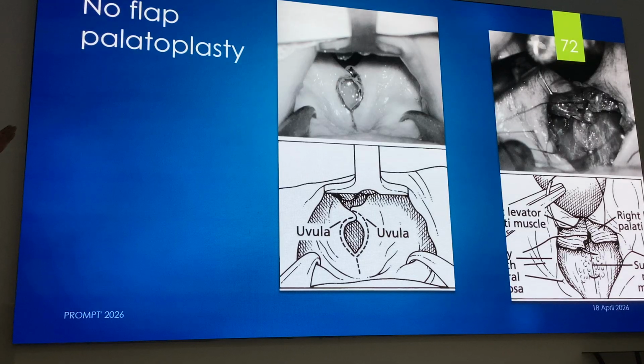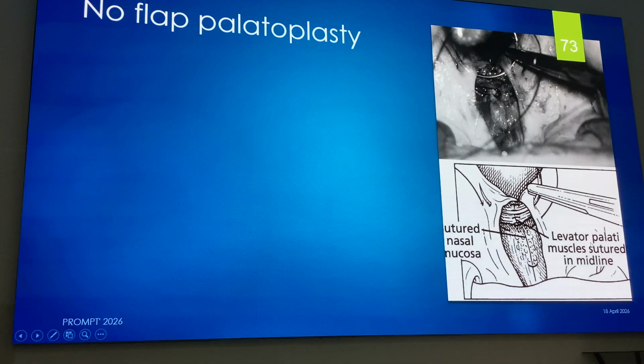In such cases, we just want the muscle there. The muscle is moved in this direction, to the posterior part of the soft palate. This is the diagram of the no flap palatoplasty.